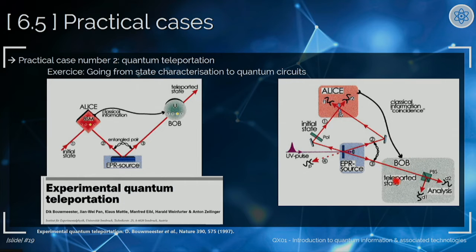Bob's side is the other photon of the pair, which goes into a particular setup where you can change the state, you can rotate the state, and look at it. So this is the analysis part. At the end, you make a measurement and make sure that what you had was indeed what you teleported. Okay. So it's the same scheme.